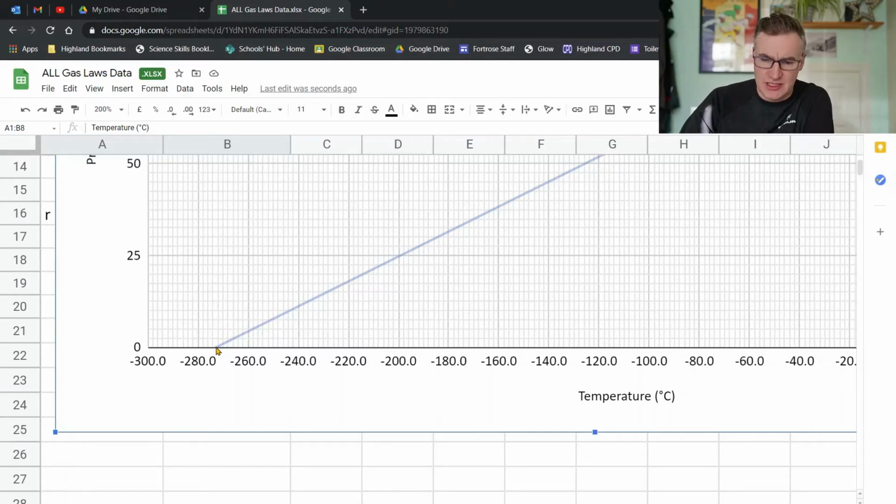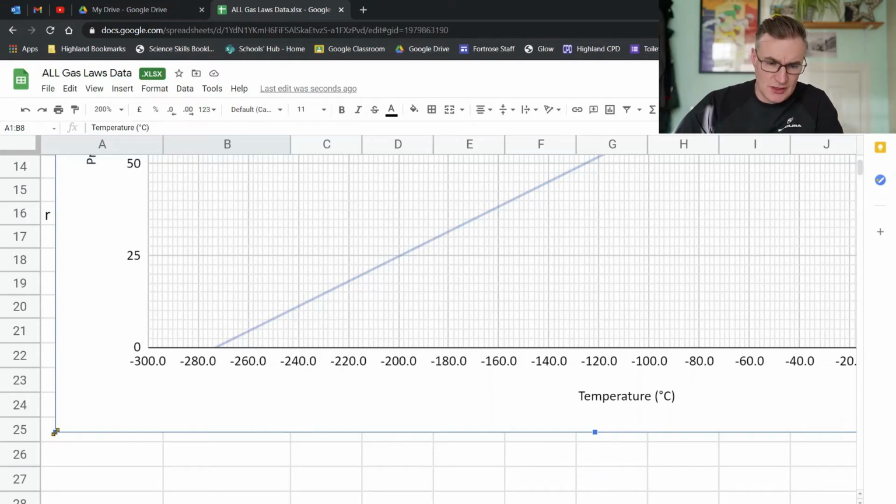Minus 273 degrees C. It is, of course, absolute zero and 0 Kelvin on our new scale that we made up a few days ago, the Kelvin scale, where 0 Kelvin is minus 273 degrees C, and this is why.